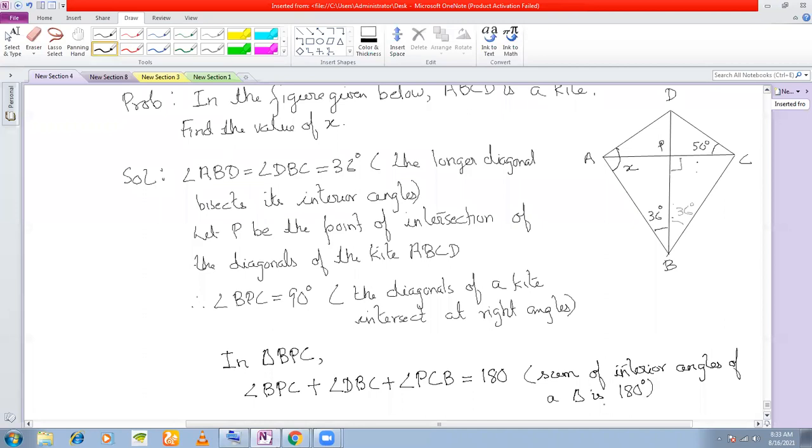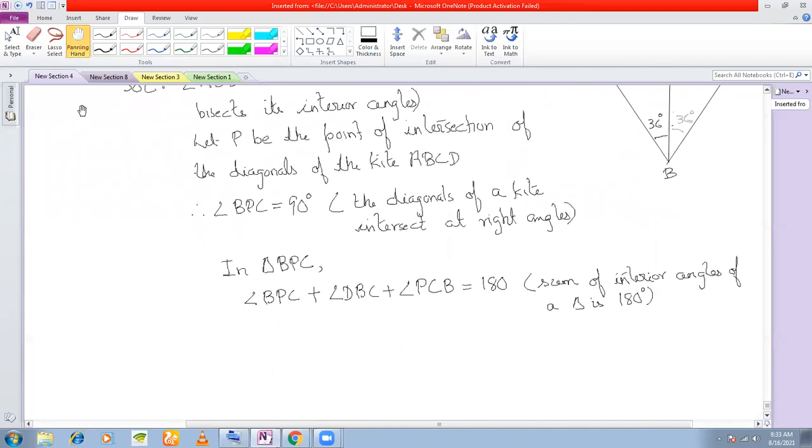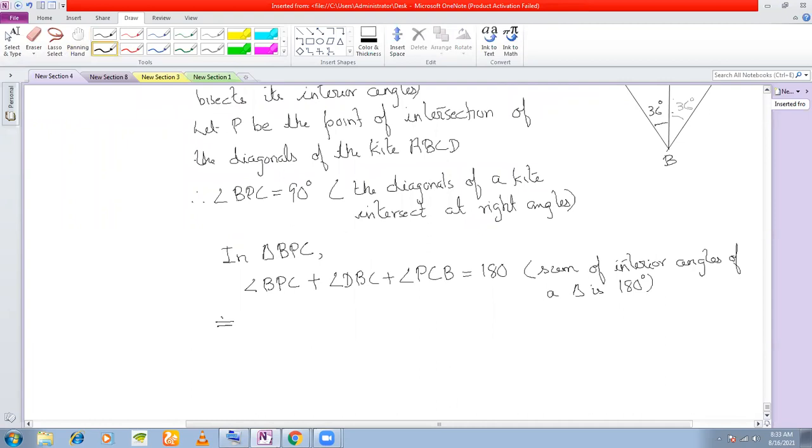The sum of interior angles of a triangle is 180 degree. Now put the values here. Angle BPC is 90 degree because the diagonals are perpendicular. Angle DBC, we found it to be 36 degree, because the longer diagonal bisects its interior angles. And PCB, we need to find out.